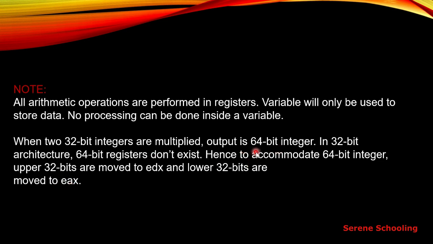But suppose we multiply a 16-bit with a 16-bit, we get a 32-bit integer, and we have a register that can store a 32-bit integer. So in that case the value will only be stored in the EAX register, the extended accumulator register. It doesn't need any EDX register in that particular case.